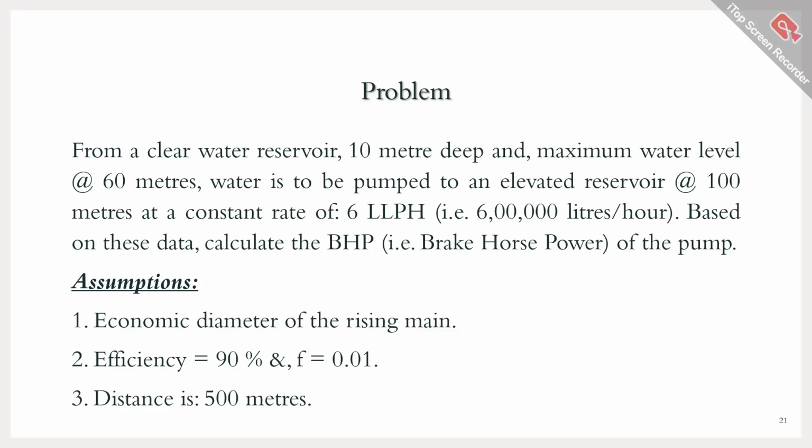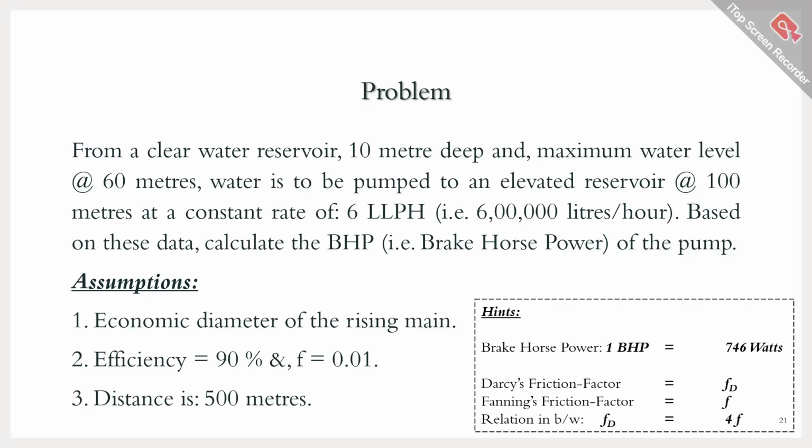Okay, I'll give you some hints. 1 bhp means 746 watts, 745.7, which you can approximately take as 746 watts. What is the SI unit of power? First of all, you have to calculate the power in SI unit, that is watts.